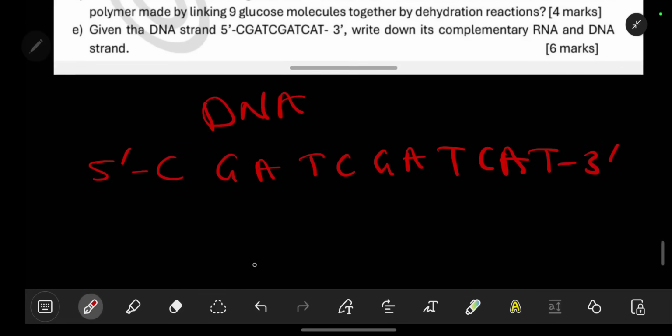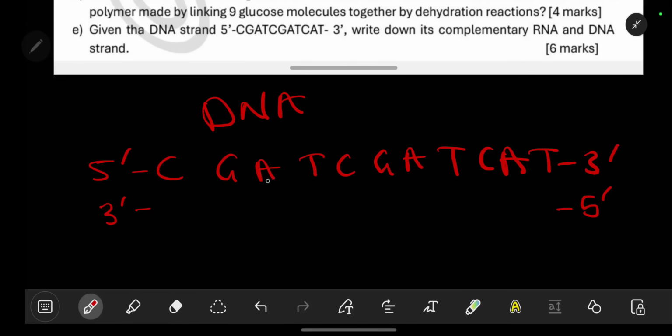Then for DNA, remember the mnemonic that we were using. If we have 3 prime, here we should exchange. If we have 5 here, if we have 3 there, we have to put a 5. So the mnemonic is: C bonds with G, which is the cars in the garage for DNA.